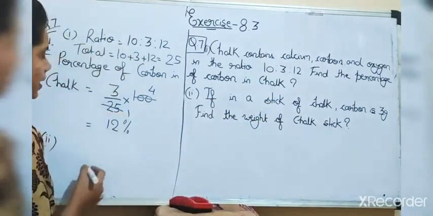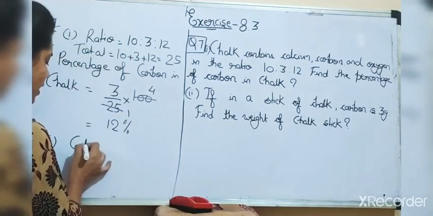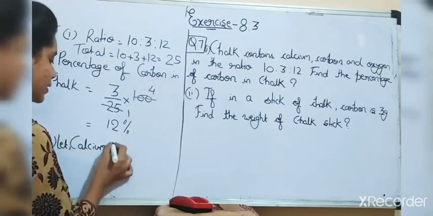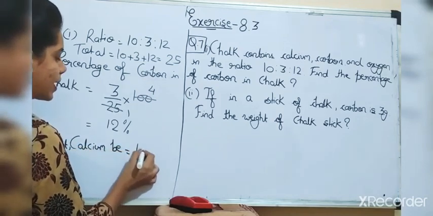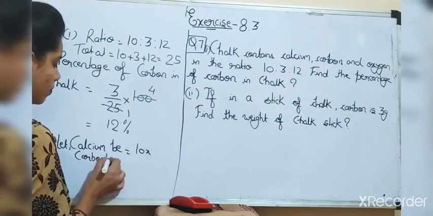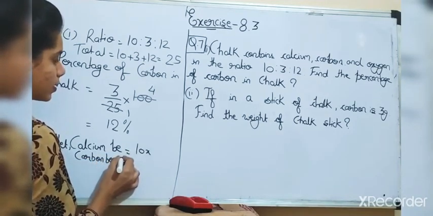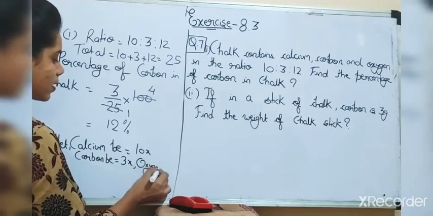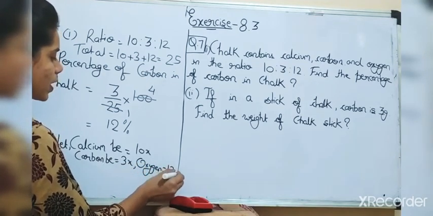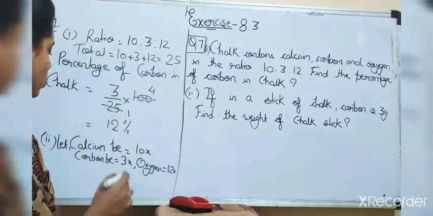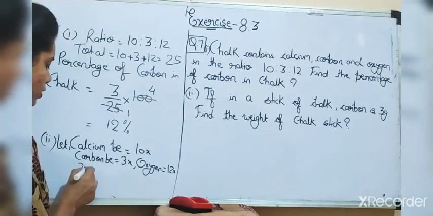So calcium will be 10x, carbon 3x, and oxygen 12x. Now if carbon is 3 gram, this 3x will be equal to 3.